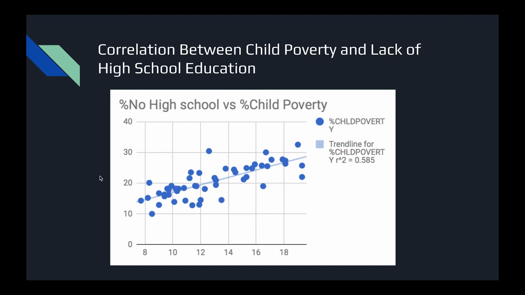By looking at the graph, you can see that there's a strong positive slope to the trend line. That trend line itself has an R-squared value of 0.585, which is close to 60%, meaning that the 2 data sets have a decent amount of correlation.